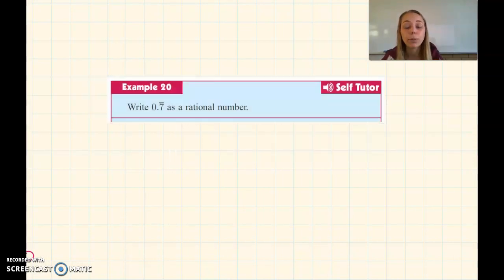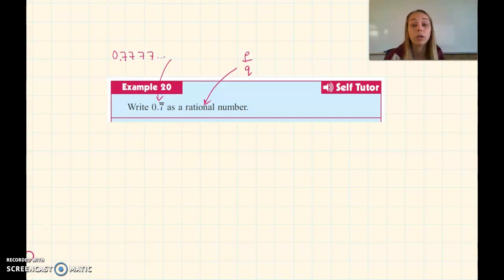So write 0.7 recurring as a rational number. We know that a rational number is in the form P over Q, or it just means that it could be written as a fraction. And we know that this one here, 0.7 recurring, that's 0.7777 recurring.